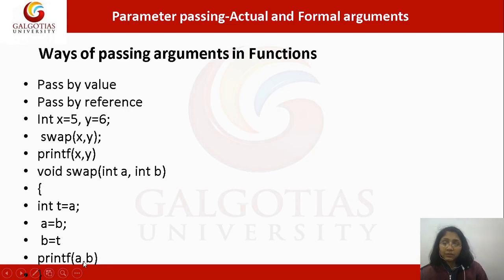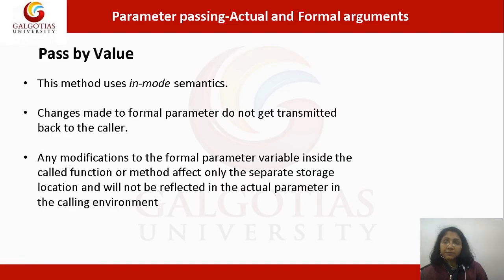So print A comma B here are the actual arguments, and when you write printf x y, these are the formal arguments. There are two ways in which we pass these arguments, which we will study in subsequent classes: one is pass by value, another is pass by reference.